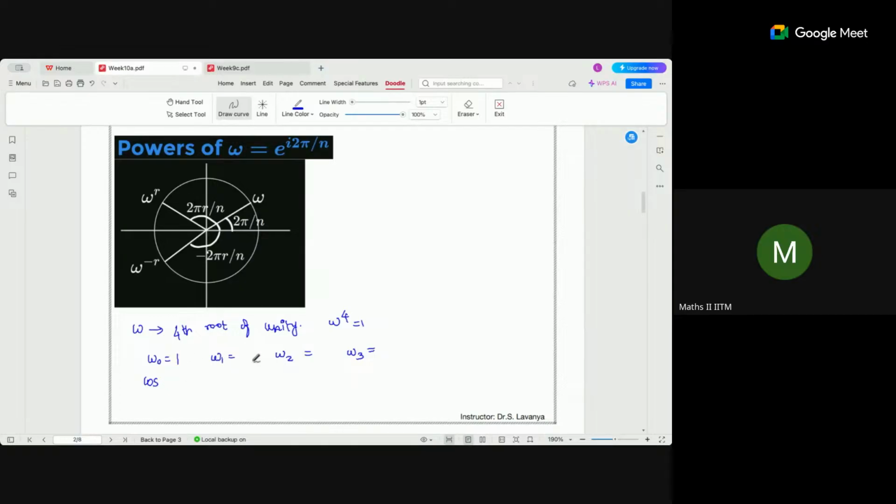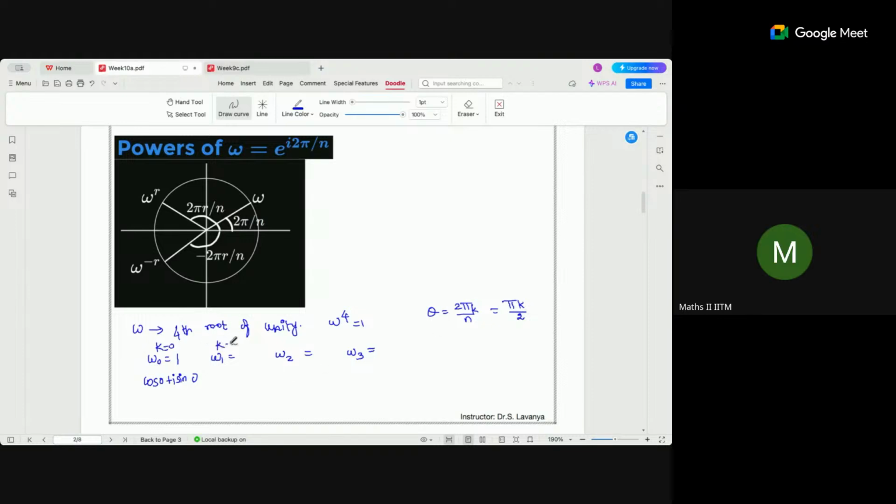Theta is, remember, 2 pi k by n, and n is 4 here, so you have pi k by 2. So this is the k equal to 0 case.